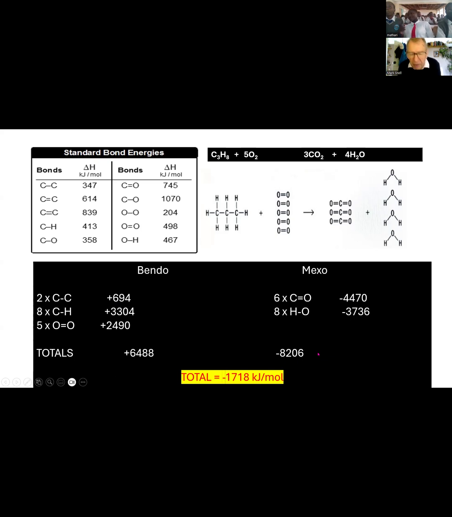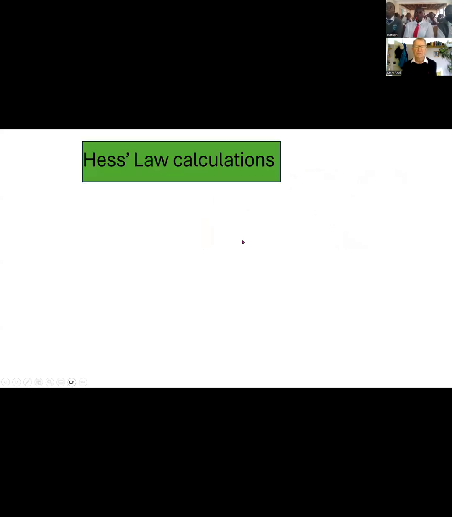When we combine those two, we find the answer is negative 1718 kilojoules per mole. Okay, so just look at it, understand exactly what we were doing, and you will be able to do this. It will not be as complicated as this one. It will not be.